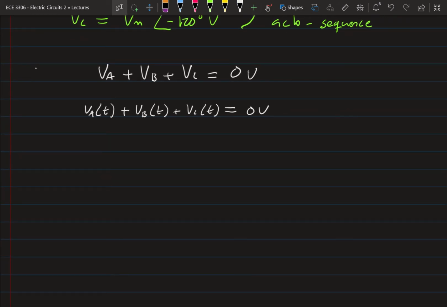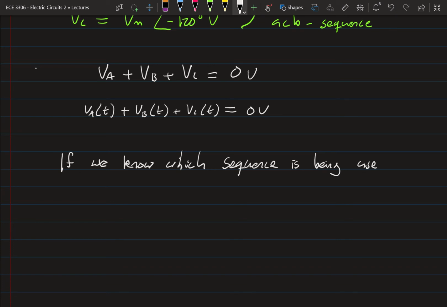And because of this, we can figure out everything we need to know about the three-phase circuit if we know which phase sequence, positive phase or negative phase, is being used, and only one of the voltages.